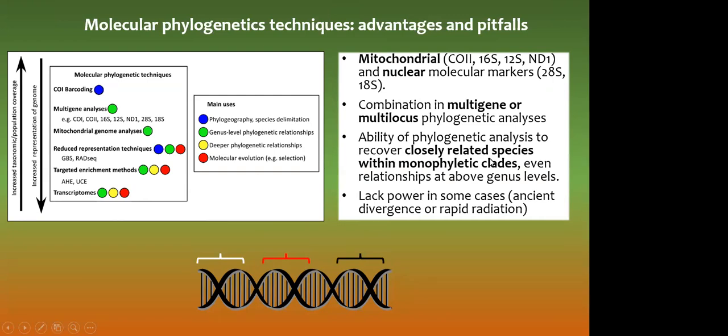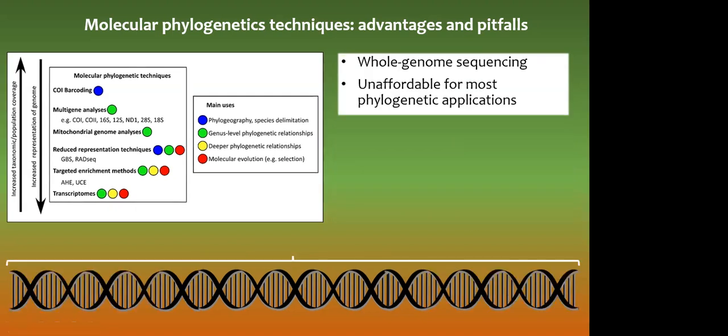This usually means genera. So it allows us to place an earthworm in its corresponding genus, and sometimes it even allows us to discover relationships between the genera. But in some cases, such as ancient divergence or rapid radiations, this approach lacks power.